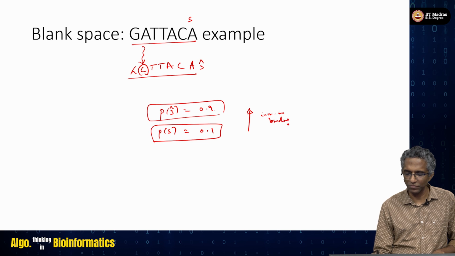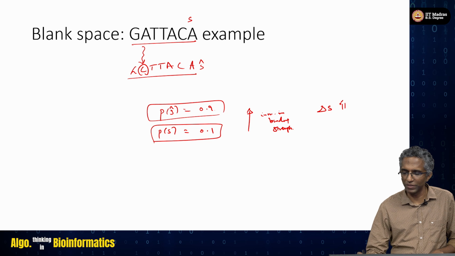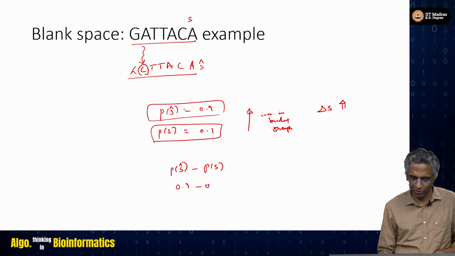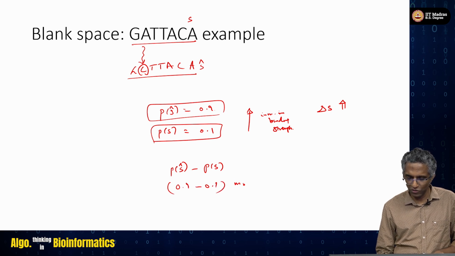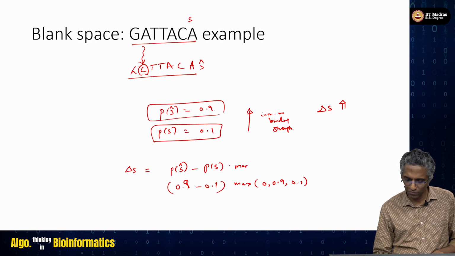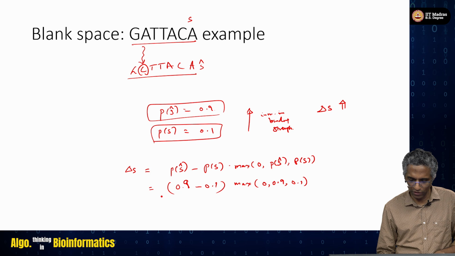Your delta S value is going to be pretty high, because delta S is P of S hat minus P of S, times max of 0, 0.9, 0.1.